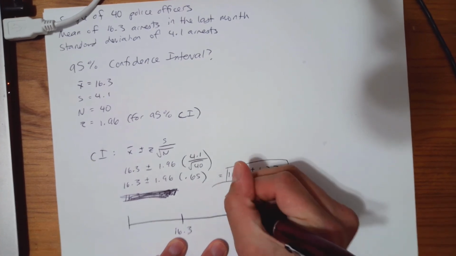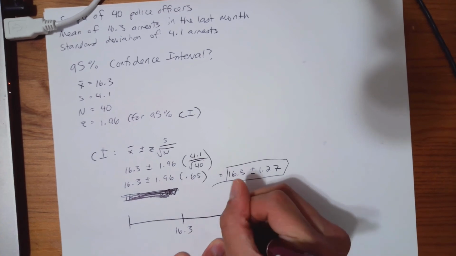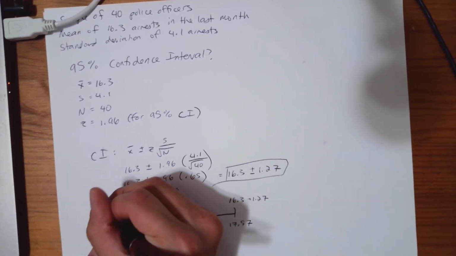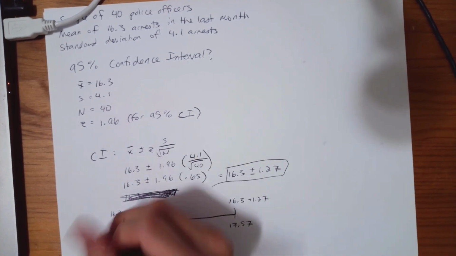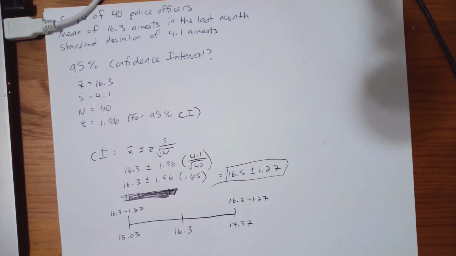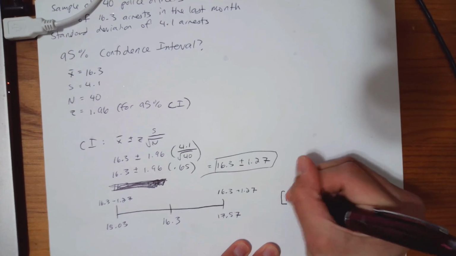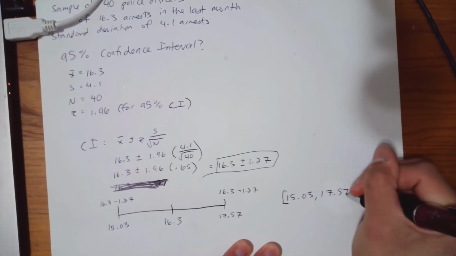So to get there, we're going to do 16.3 plus 1.27, which comes out to 17.57. And over here, we're going to do 16.3 minus 1.27, which is going to give us 15.03 on this side. So our confidence interval can be written as 15.03, comma 17.57.